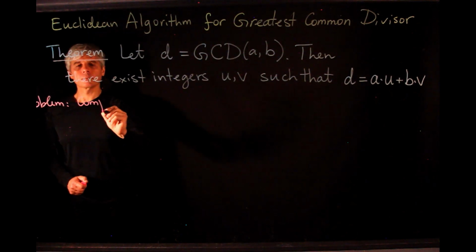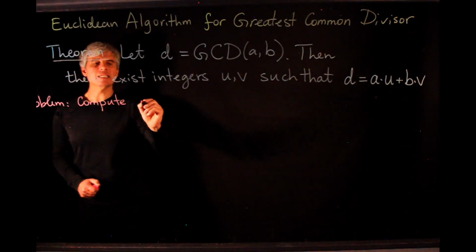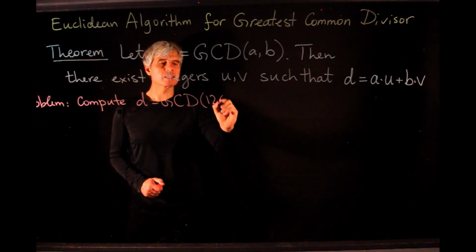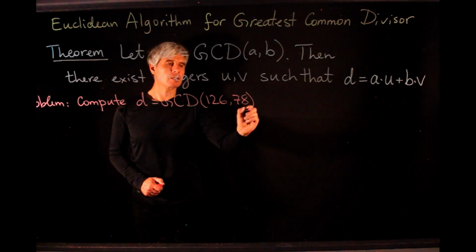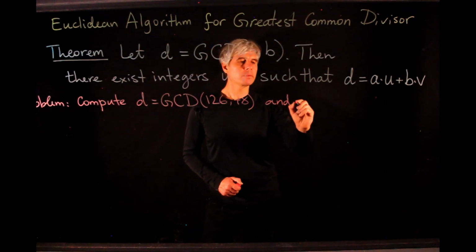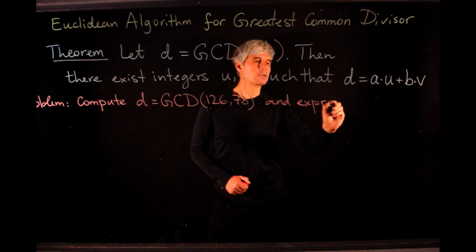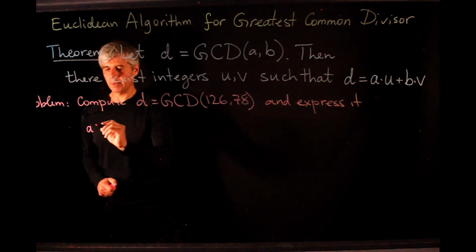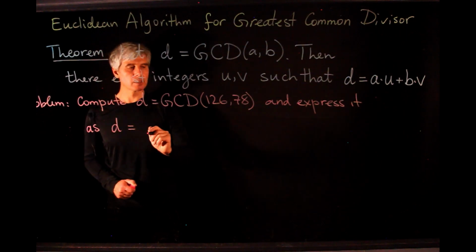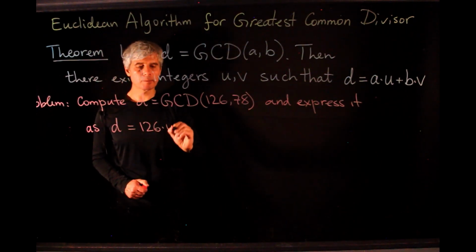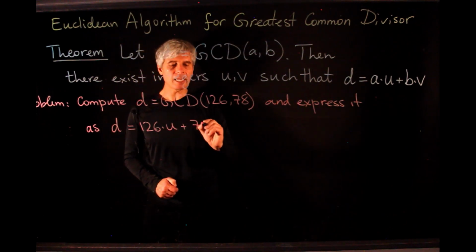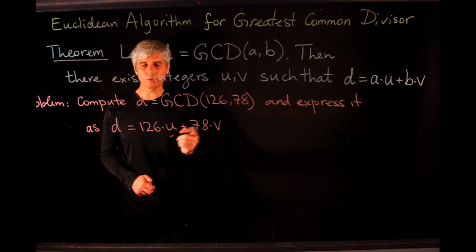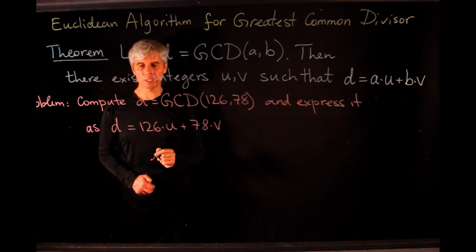Compute d, the greatest common divisor of 126 and 78, and express it as in the theorem: d equals 126 times u plus 78 times v. So we need to find integers u and v that satisfy this property.